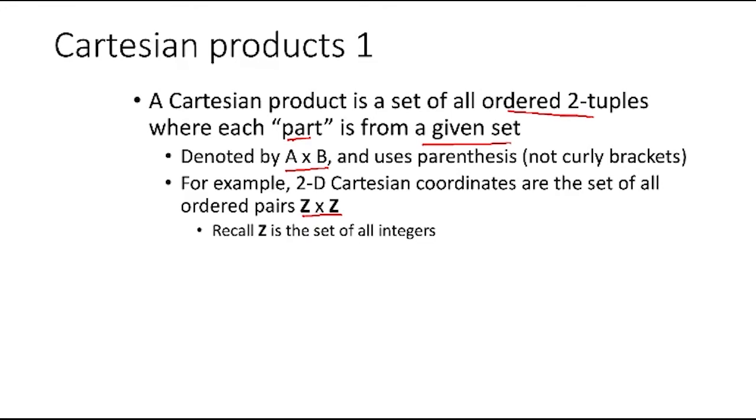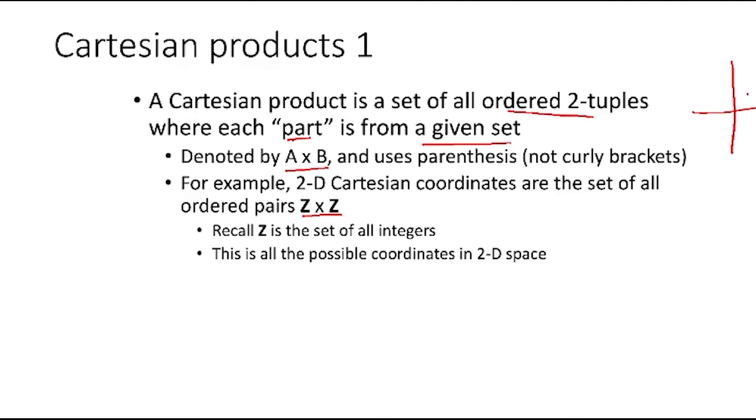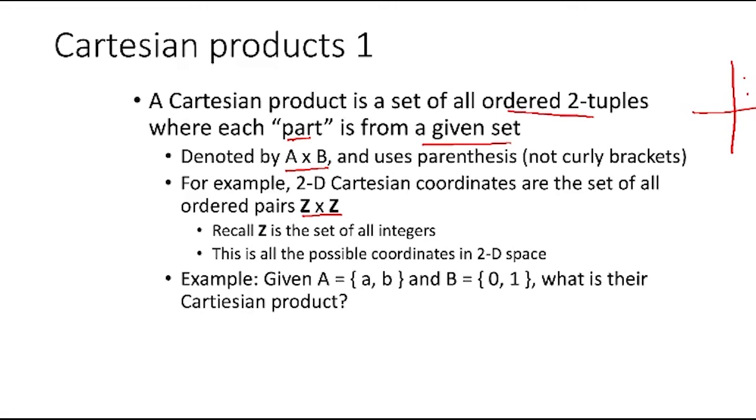Z represents the integers, so integer cross integer. So we can draw the lattice. A lattice is what we get when we draw the x-axis and y-axis and represent each and every number. All the points 1 comma 1, 2 comma 2, 3 comma 3 are all there, right?